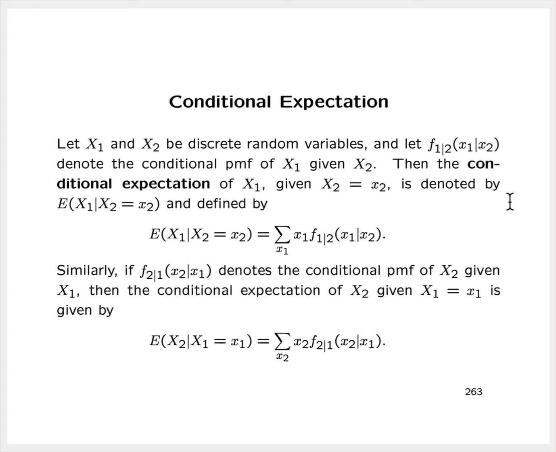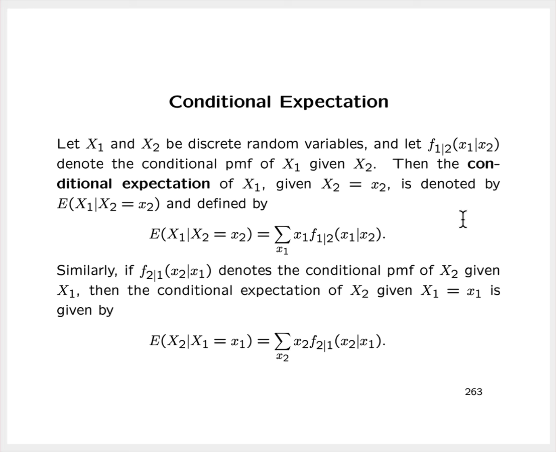are calculated via conditional expectation. So let's look at this in the context of discrete random variables first. So let x1 and x2 be discrete random variables, and let f sub 1 given 2 denote the conditional PMF of x1 given x2.